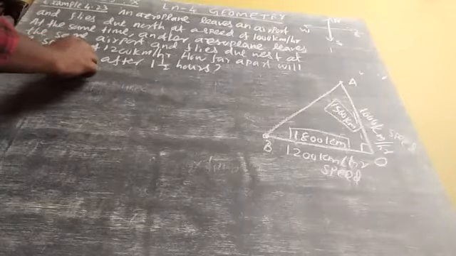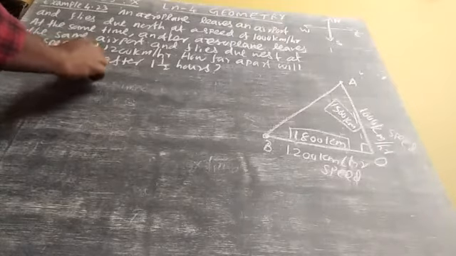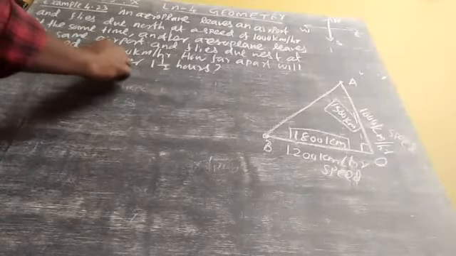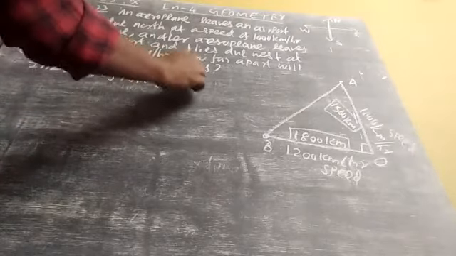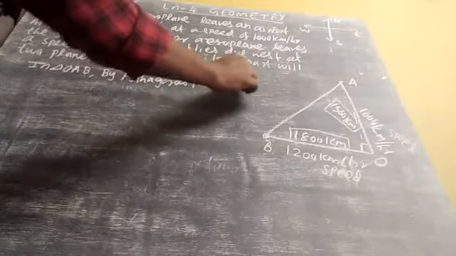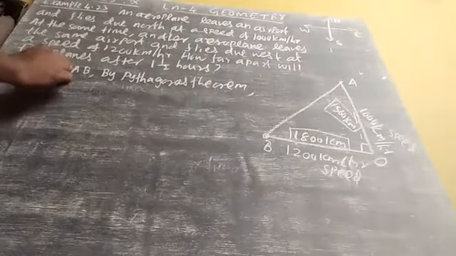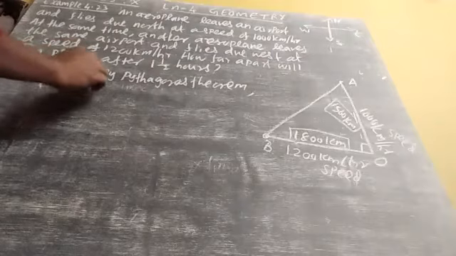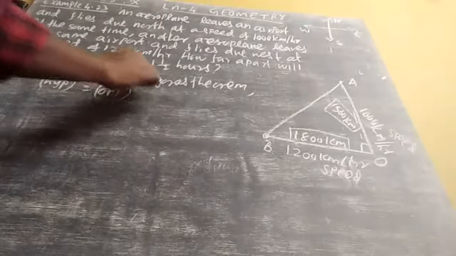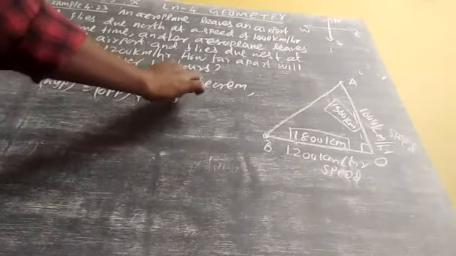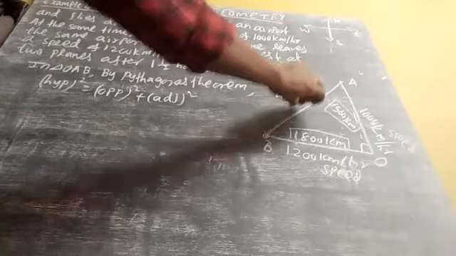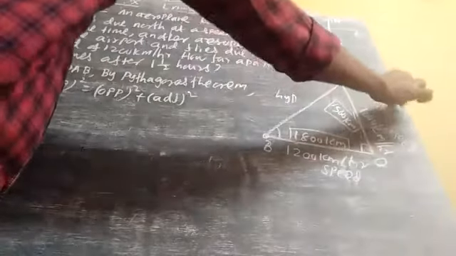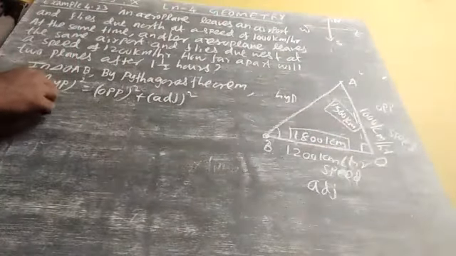In triangle OAB, by Pythagoras theorem, hypotenuse square equals opposite square plus adjacent square. This is the hypotenuse, here the angle is there. This is opposite, down is the adjacent. So the hypotenuse value only we are going to find.